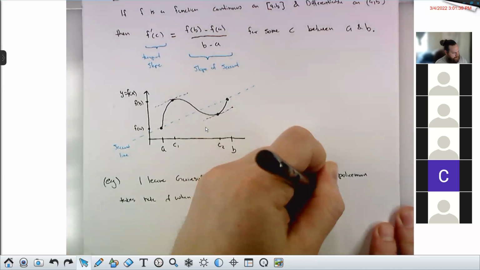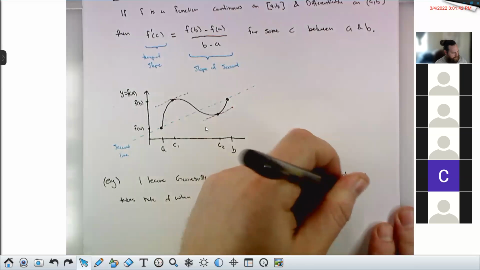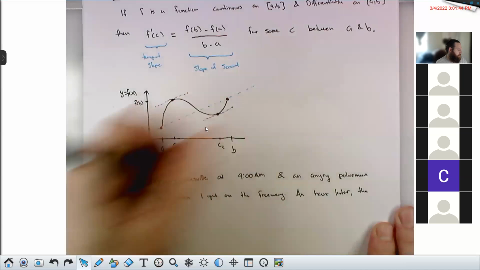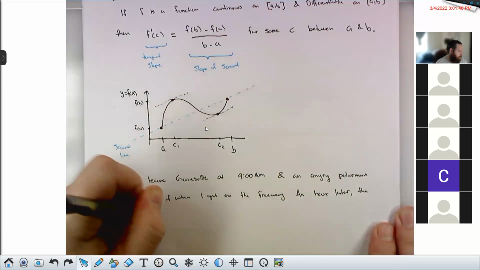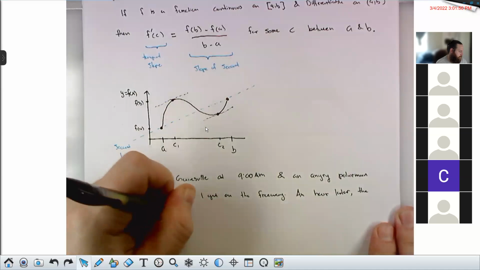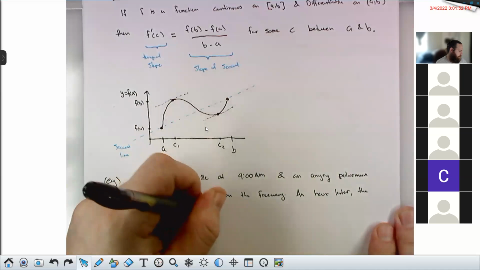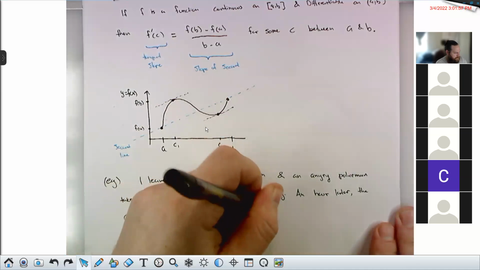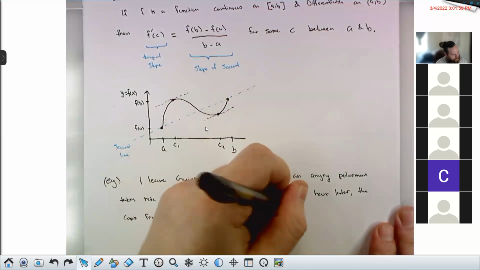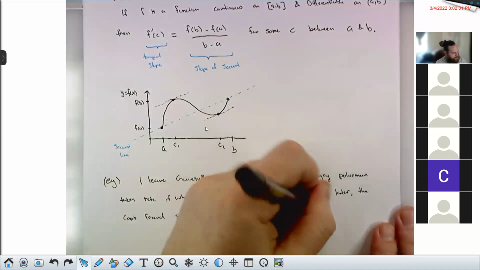An hour later, the cop's buddy sees me arrive in Orlando, which is about 100 miles away.